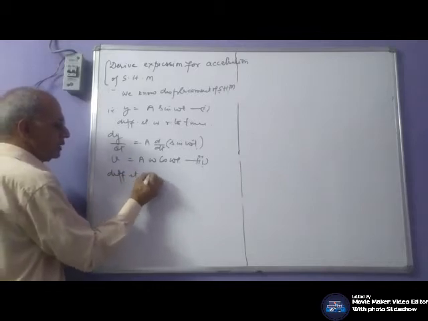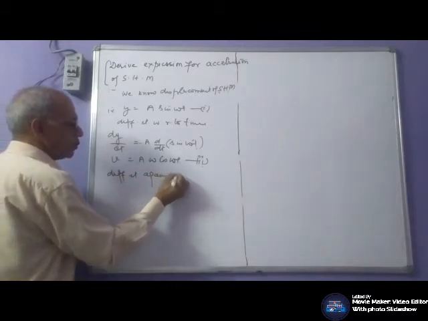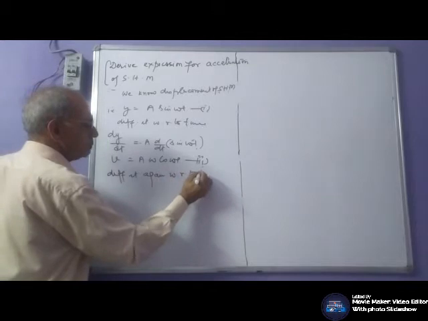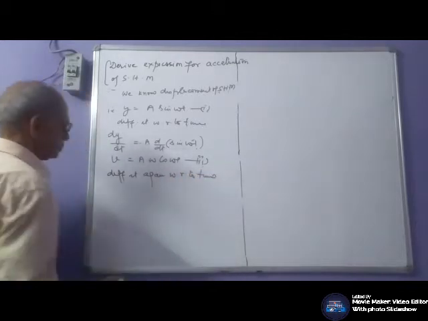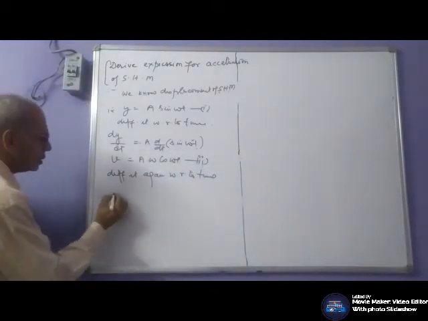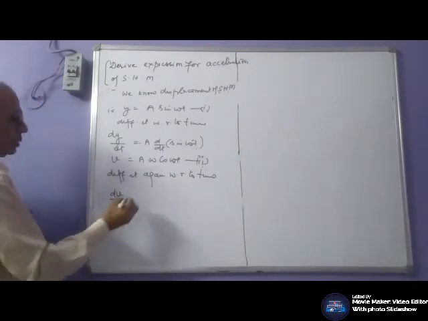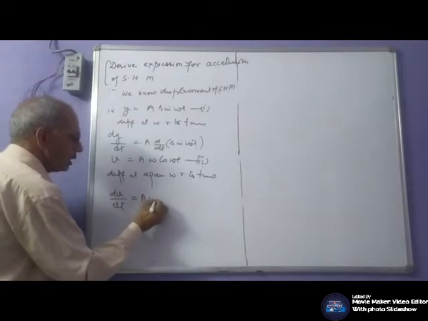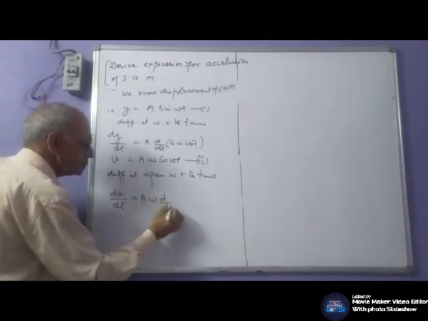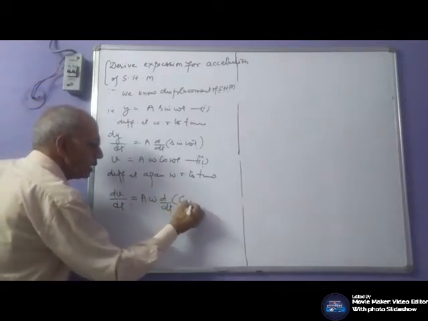Differentiating it again with respect to time, dv by dt equals A omega constant outside, d/dt of cos omega t.